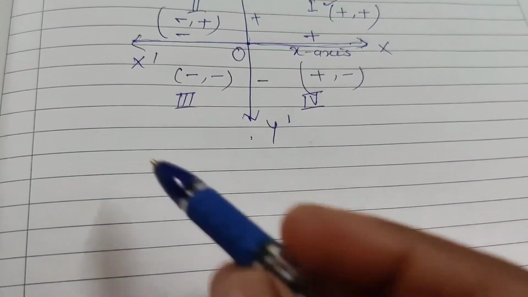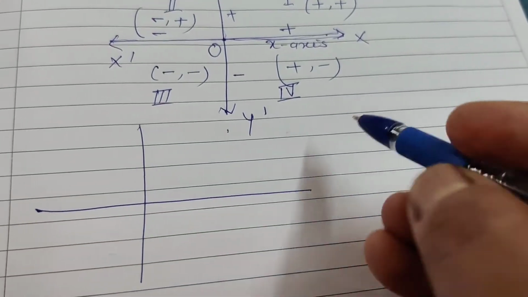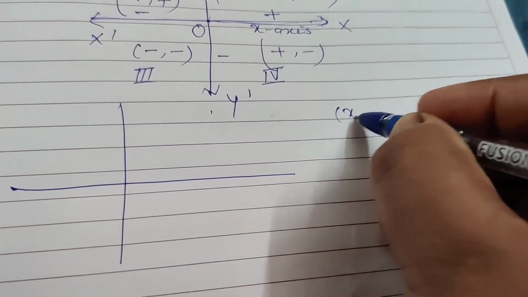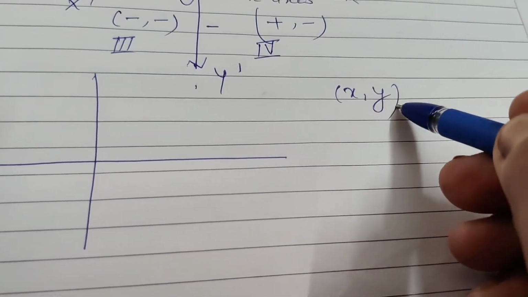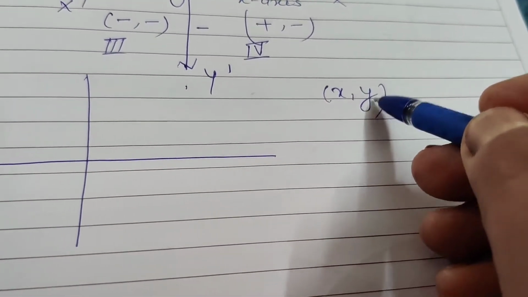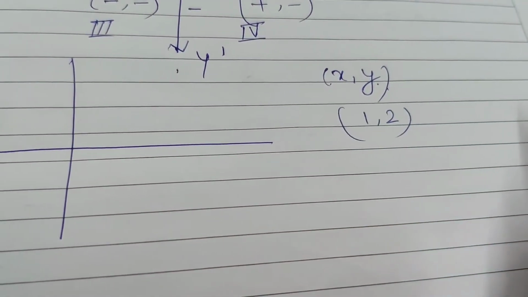The plotting of numbers. Suppose a number is written in the form of an ordered pair, x and y. Suppose this number is 1 and 2. Plot (1, 2) in the Cartesian plane.